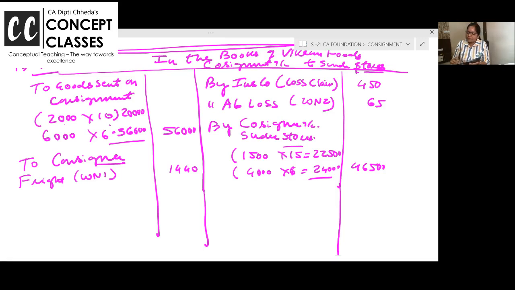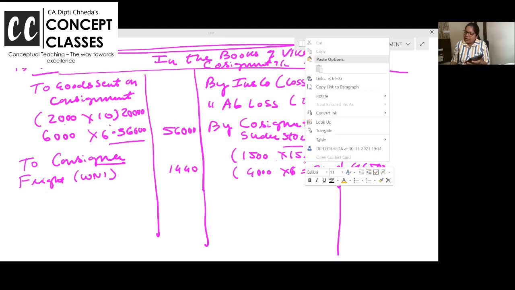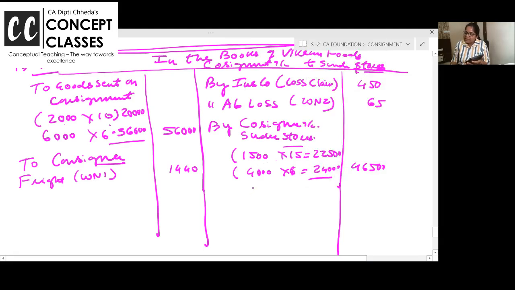Correct? 1500 tins of 1 kg, selling price is 15, and 4000 tins of half kg, sorry, selling price is 7. Change: 7 fours are 28, 28,000 plus 22,500, 50,500.